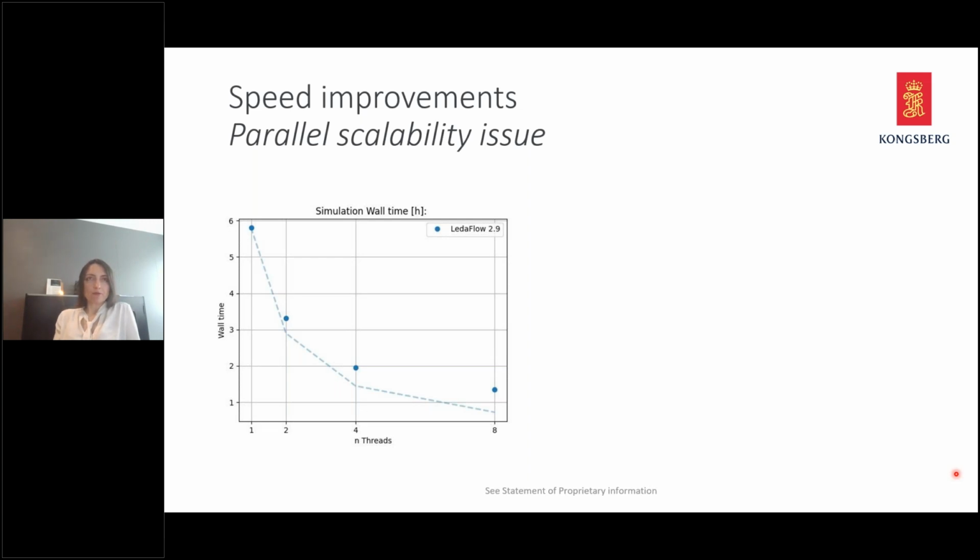So to explain what we're trying to achieve, during the simulations LedaFlow divides computational calculations into parallel threads for faster processing. And what we do is that we analyze how the equations are evaluated and solved, and we target those with lower efficiency, and of course try to improve that efficiency to reduce the processing time.